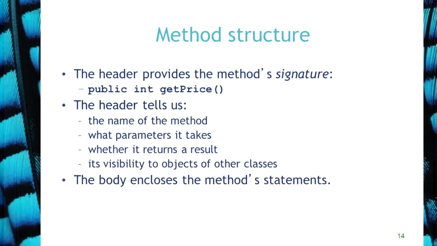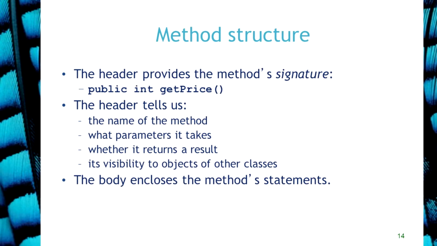Method bodies contain the declarations and statements that define what an object does when that method is called. Declarations are used to create additional temporary variable space, while statements describe the actions of the method.